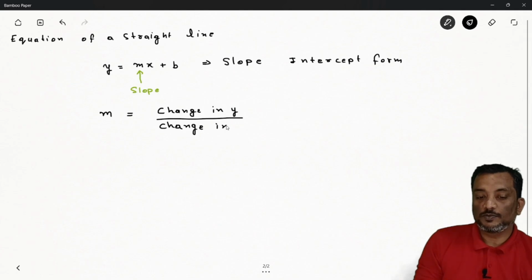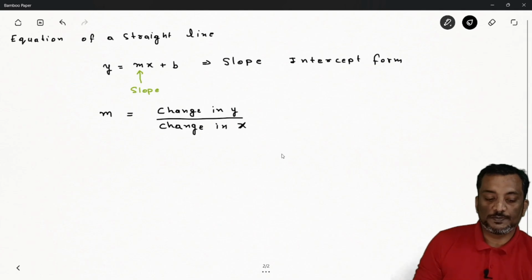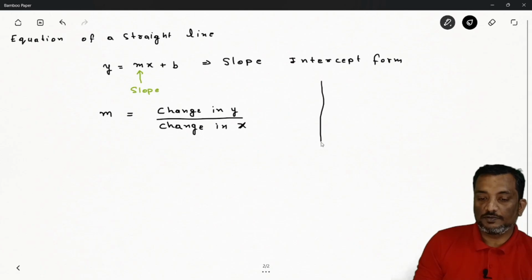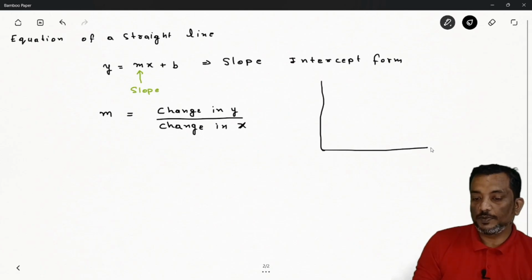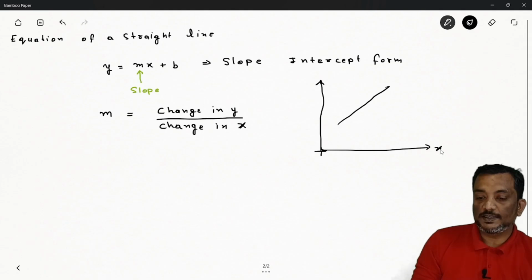Suppose we are taking one graph, and in this graph there is a line. This is your x-axis, this is your y-axis. Now you can see in the base this is the first point of the line, and this is the second.